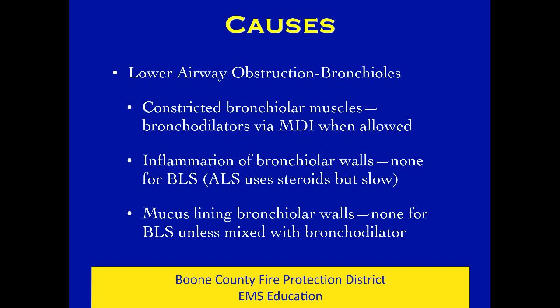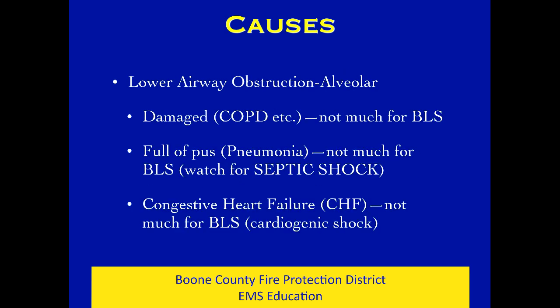Combivent, DuoNeb, Atrovent are all bronchodilators that have the ipratropium medicine in it that has some effect on mucus, not a lot. They're mostly to get rid of bronchoconstriction, prevent bronchial constriction actually, but they do have a little bit of effect on mucus.